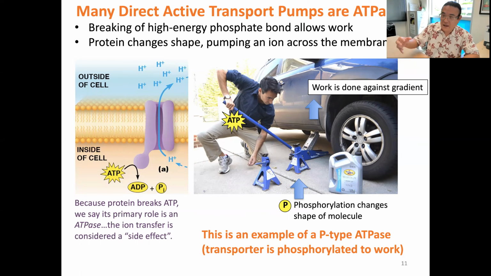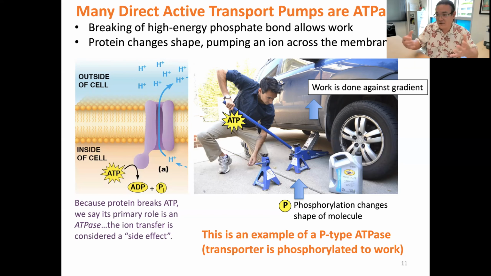That also means that if you were trying to lift something else, for example instead of a car, maybe a whole series of jacks meant to prop up the foundation of a house, those jacks might be shaped differently in order to properly do that particular job. But in principle, they would still be considered an ATPase.